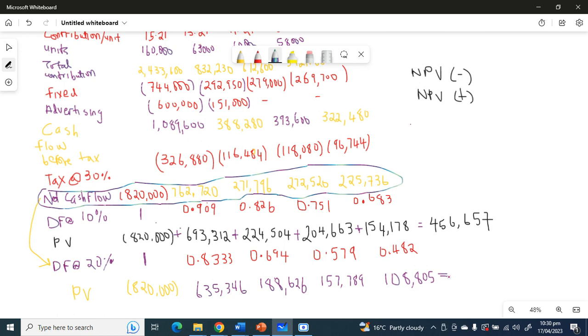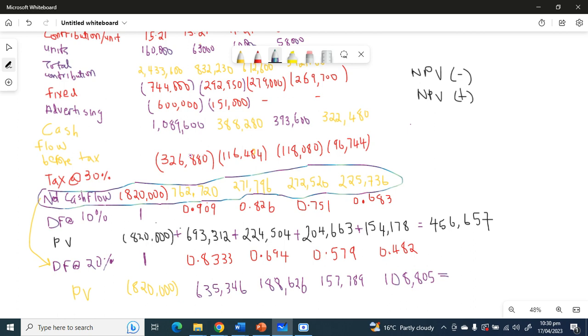We were positive, so we have to increase our discount factor. So now even the formula will have to come into use. All right. So I'm estimating, let's say, how big is the number? What's the positive number?